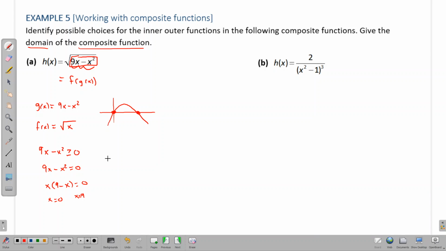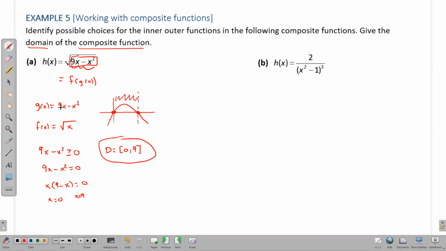And we wanted when it's positive. Well, it's positive between here and here. This is where it's positive. So that's what we need to keep, which means the domain is 0 to 9. These values out here would make this expression negative, would make g negative, and we can't take square roots of negatives. So that's our domain.